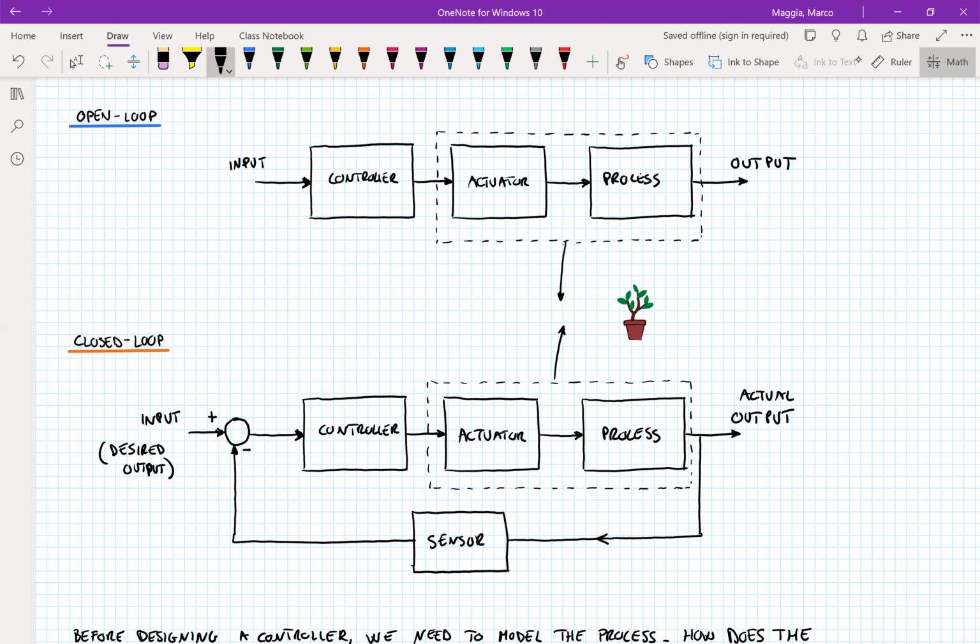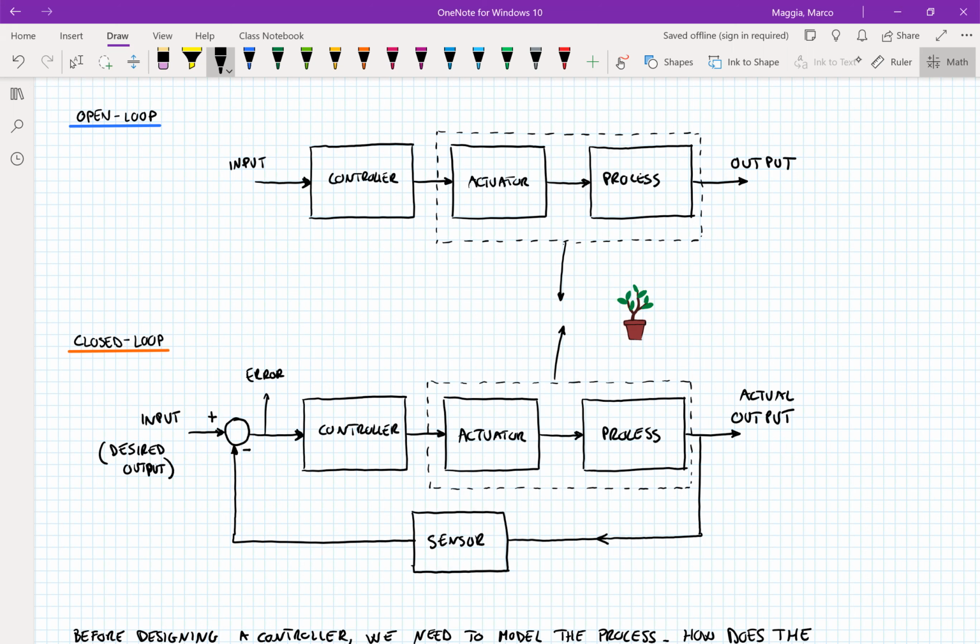And then we will see that the difference between the sensed output and the desired output is known as the error. But we're going to see that in detail later on.